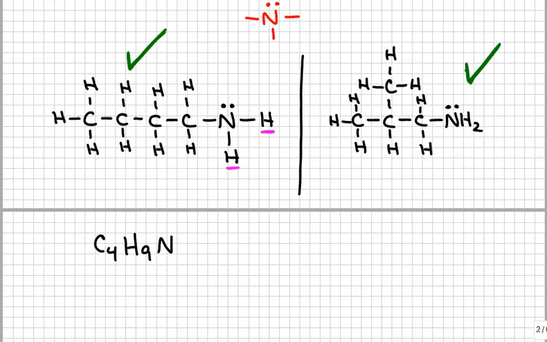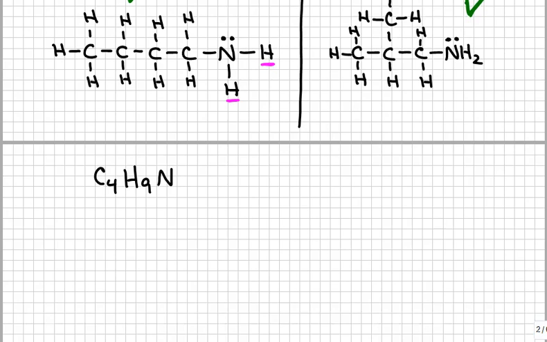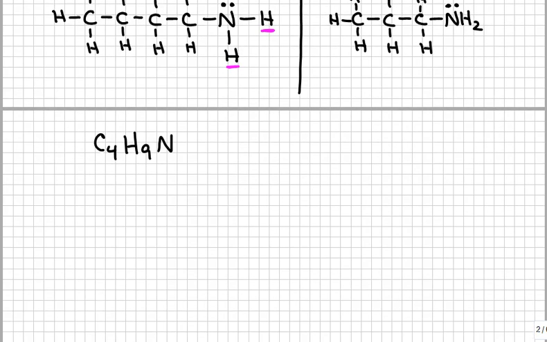I think by doing this, we can see what we need to do to change the carbon framework to meet this formula. So I think we're going to start out in a very similar way. We're going to have our nitrogen with 3 bonds and 1 lone pair. Because we know it's an amine, you need to start right there.